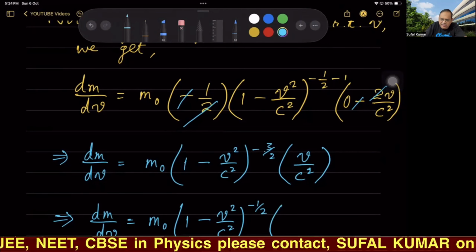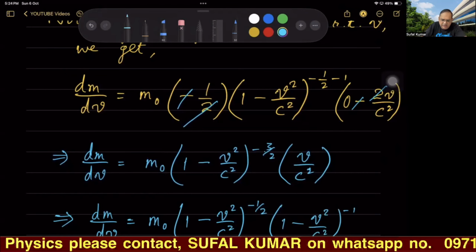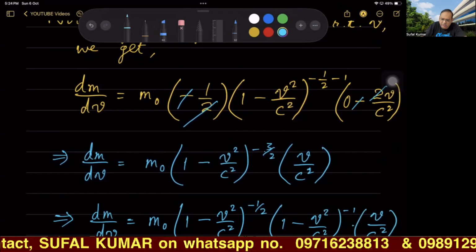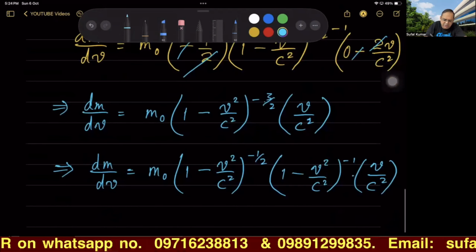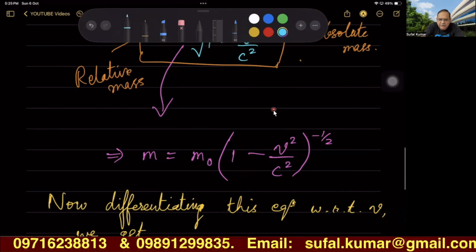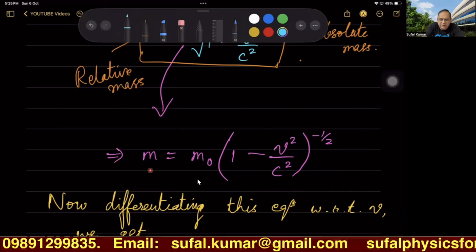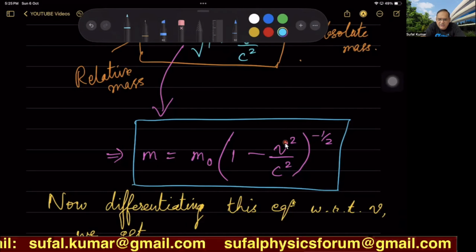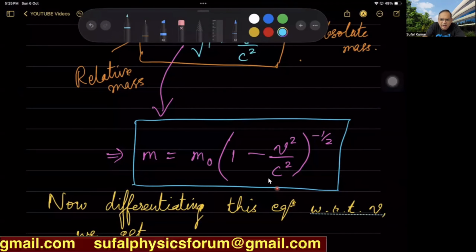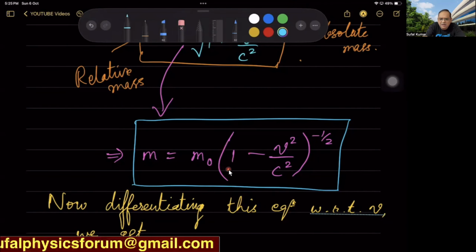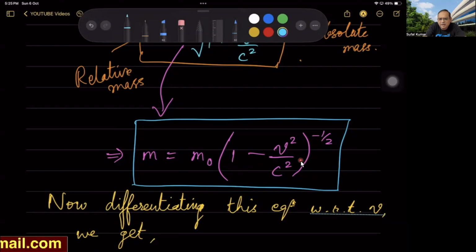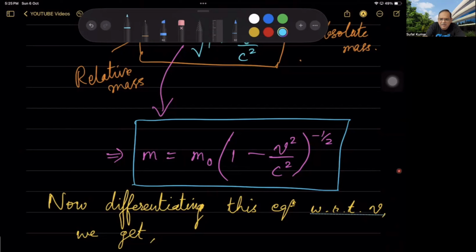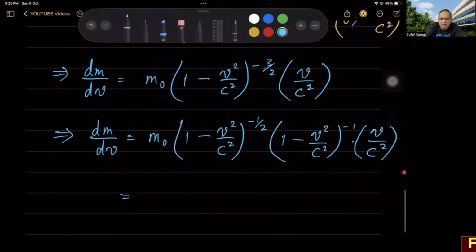I have factorized minus 1 v by c square, because here we have m naught multiplied by (1 minus v square by c square) raised to minus half, and the same term we are obtaining here also.